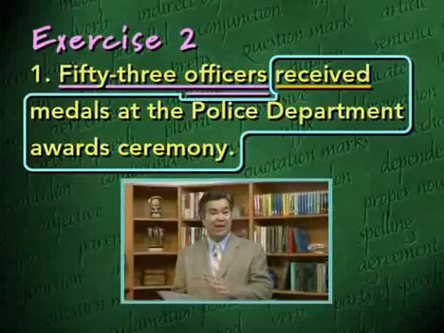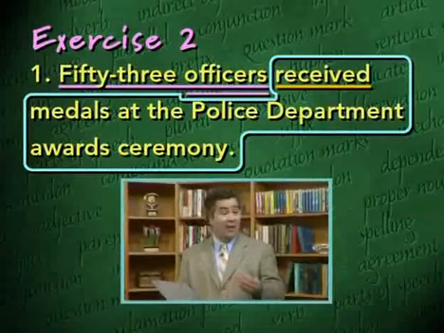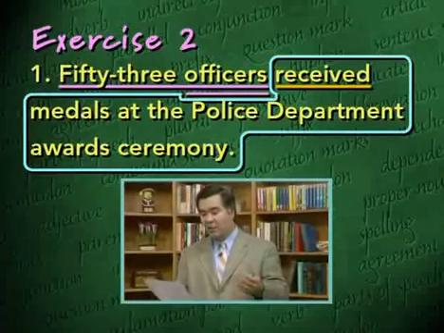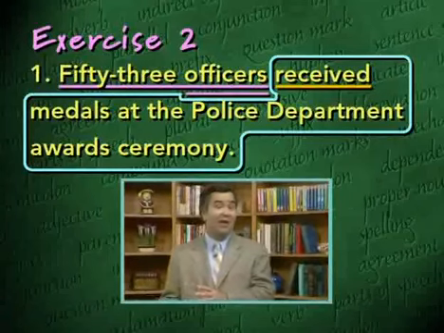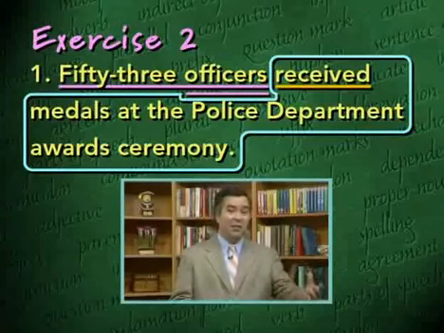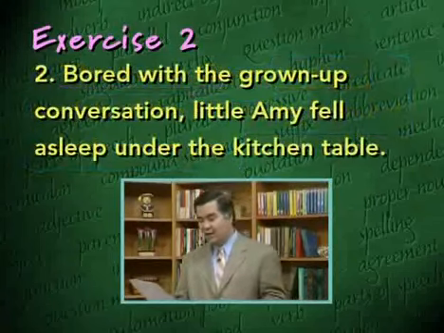All the rest of the predicate gives us more information about what the officers did. What did they receive? Medals. Where did they receive them? At the police department awards ceremony. So all those other words in the predicate are there to give us more information about the action they did, namely the receiving. Let's take a look at the second sentence.